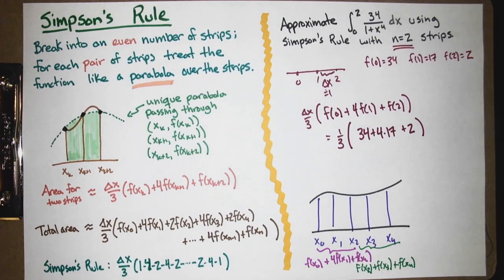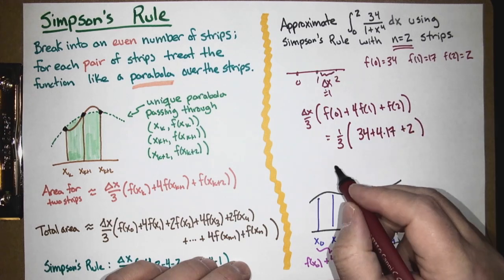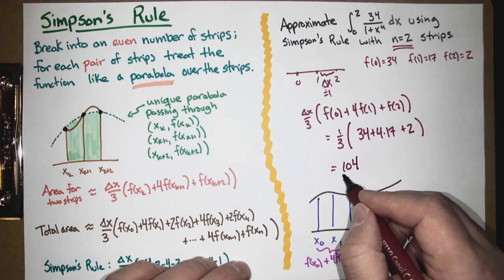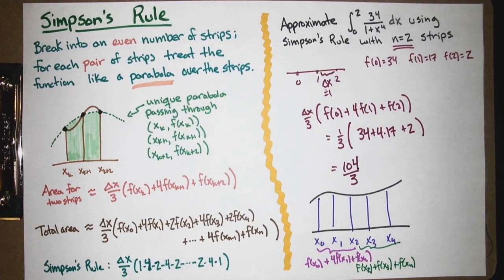All right, and 4 times 17 is 68. Good. And then 68 plus 2 makes 70. And so we end up with 104 over 3, I think. Am I doing this right? I think so.